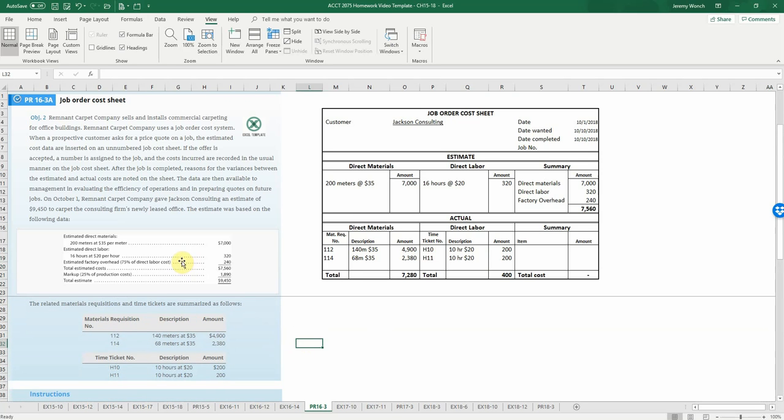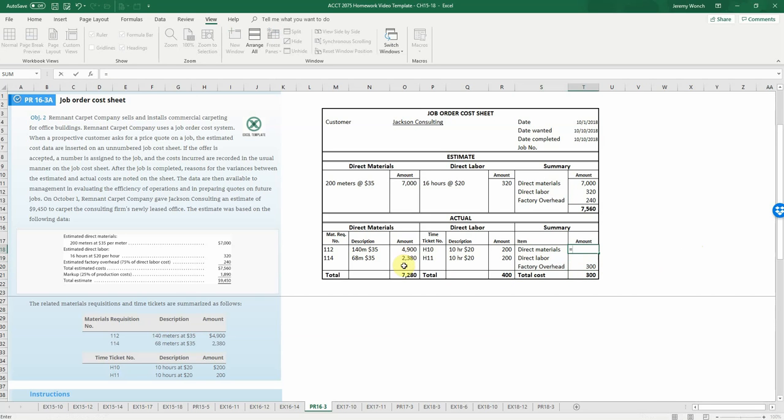For the factory overhead, the factory overhead driver is 75% of direct labor cost. So our factory overhead is going to be the total labor cost times 75%.